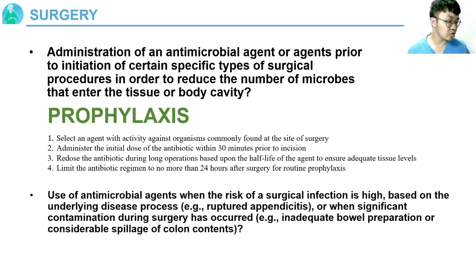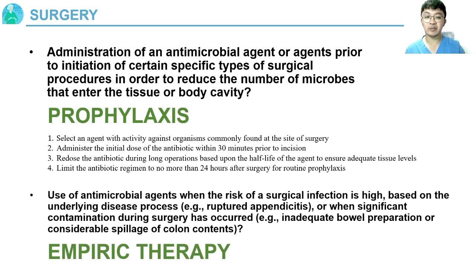Next, what refers to the use of antimicrobial agents when the risk of surgical infection is high, based on the underlying disease process, such as ruptured appendicitis, or when significant contamination during surgery has occurred, such as inadequate bowel preparation or considerable spillage of colon contents? So when there's already contamination or the risk is very high and you want to give antibiotics already in this patient, from prophylaxis you can bridge to empiric therapy intraoperatively.